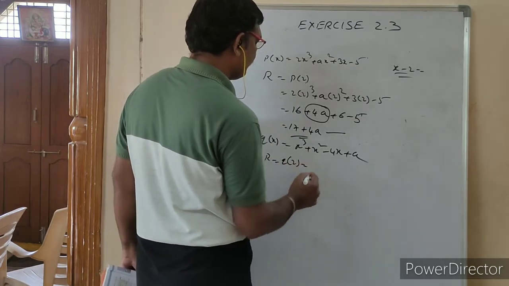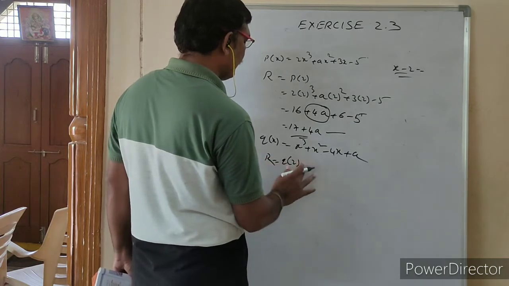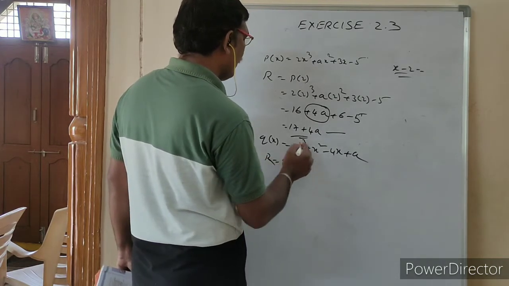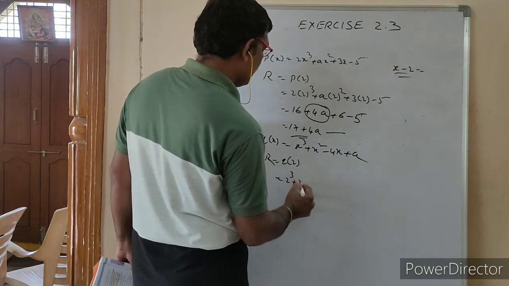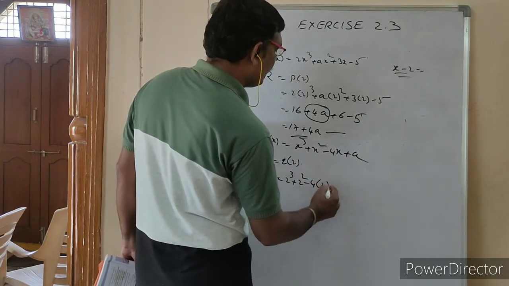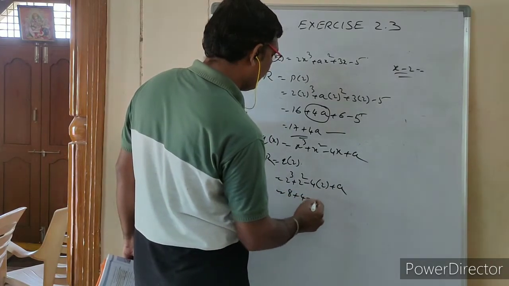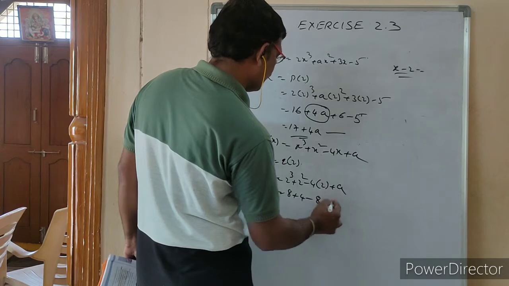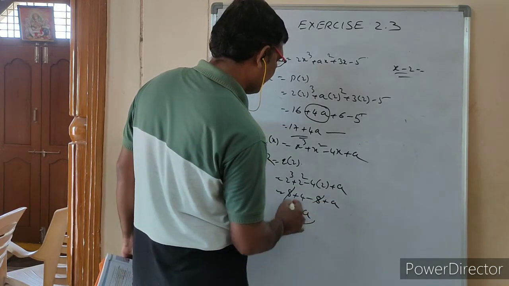Q of 2. So, Q of 2, in place of x substitute 2 here. 2 cube, 2 square, 4 into 2, plus a. 2 cube is 8, plus 4, minus 8, plus a. Plus 8 minus 8 cancelled. You have 4 plus a.